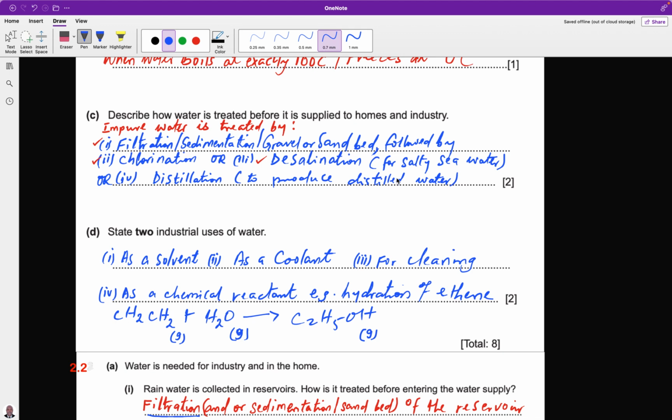All those are collected into a collection tank, with all the dirt and everything in it. In that collection chamber, water is now being treated.